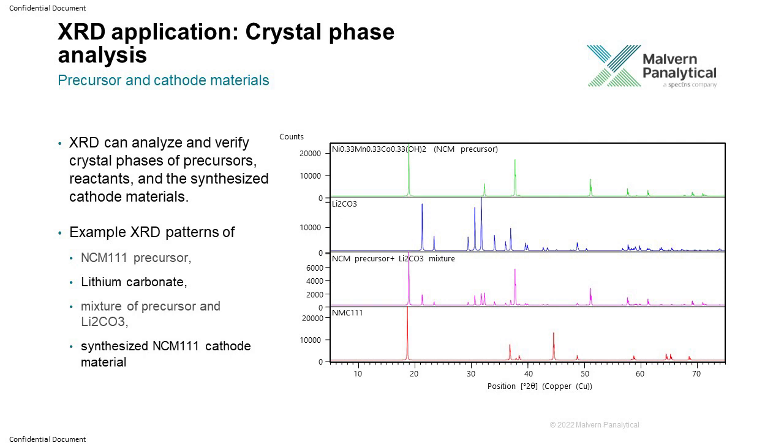But with XRD, because the crystal structures are different, you can differentiate between the two. So one thing you can use XRD for is to ascertain that your reactions are complete and you don't have any reactants left over. If you get any of these peaks which are present here, that means your reaction is not complete and you have to fuse this material even further.